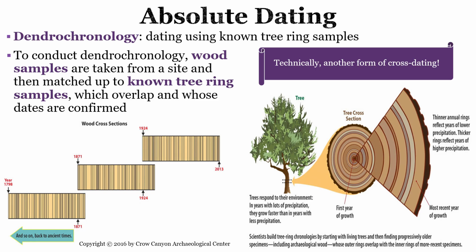So we look at cross sections to best understand what's going on. And if you're trying to figure out, well, okay, that's great, but it's just a series of lines. What does that tell us? What we do is we best understand the life of the tree. And there's so much information packed into that we can use.